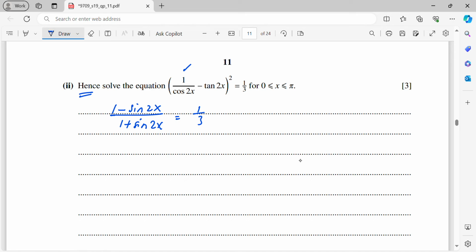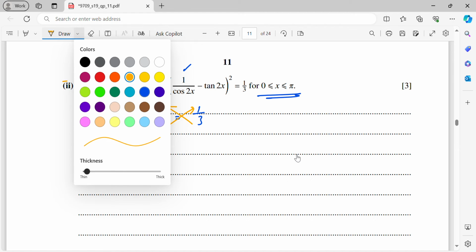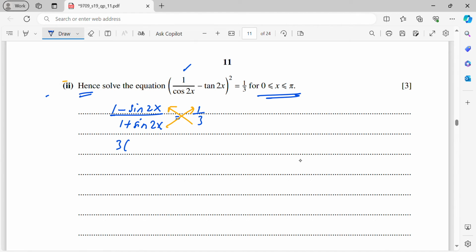Okay, so now to get this, with the x in the range 0 to pi, I will move up and use cross multiplication. Therefore, you are getting 3 brackets 1 minus sine 2x equals to 1 times 1 plus sine 2x. And now you do expansion. So then you will be getting 3 minus 3 sine 2x equals to 1 plus sine 2x.